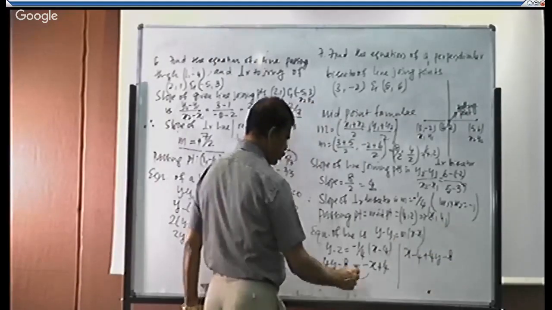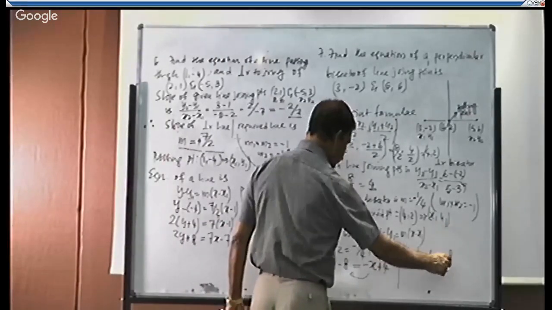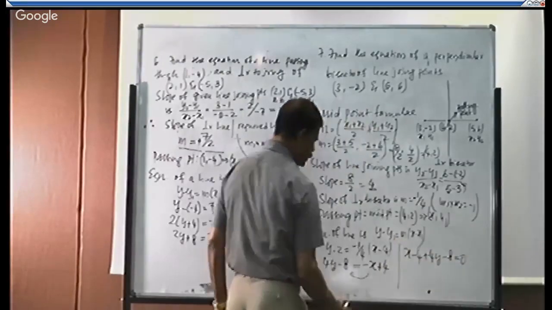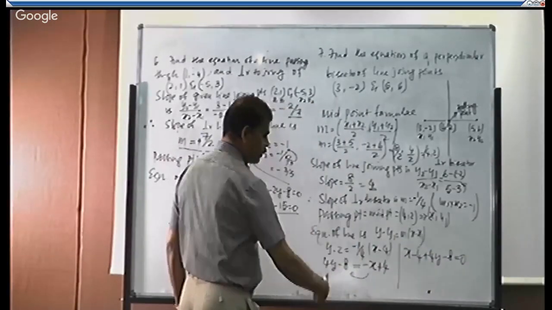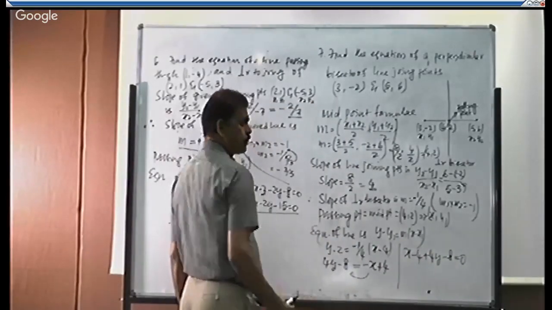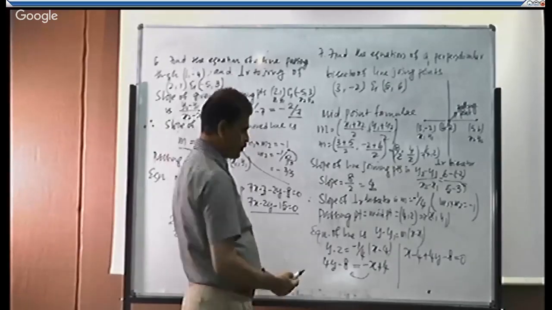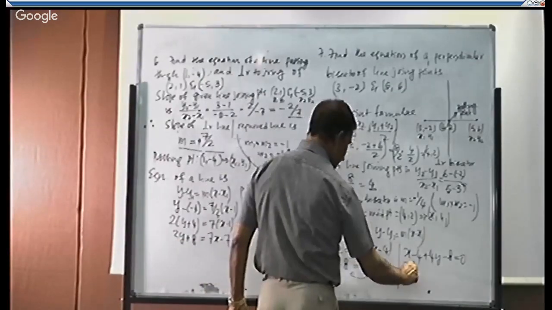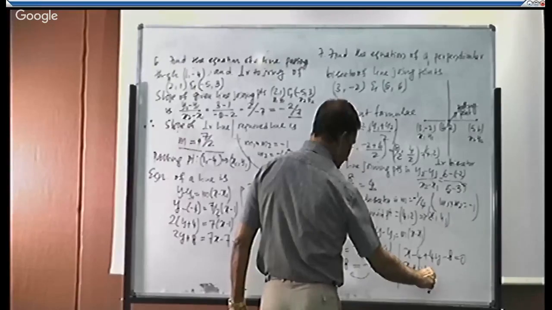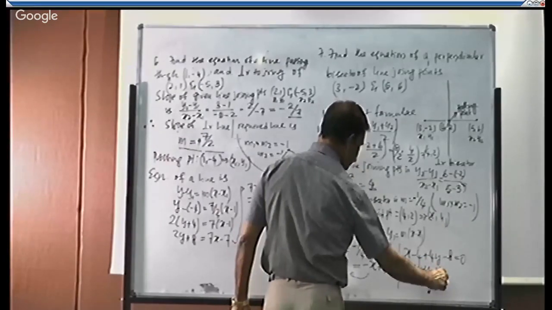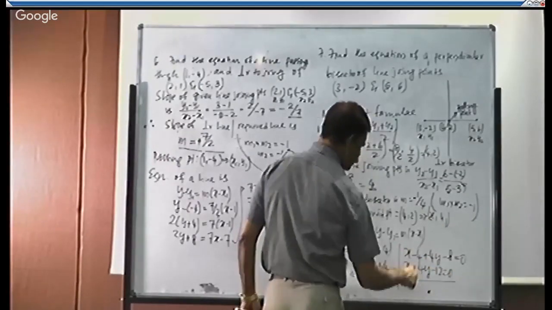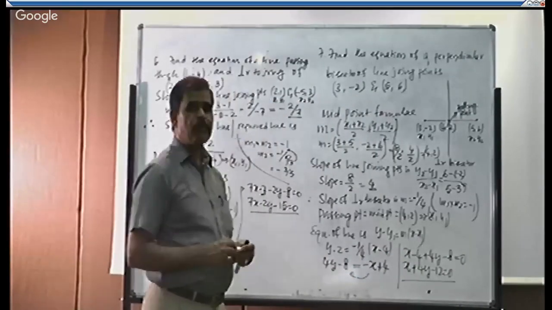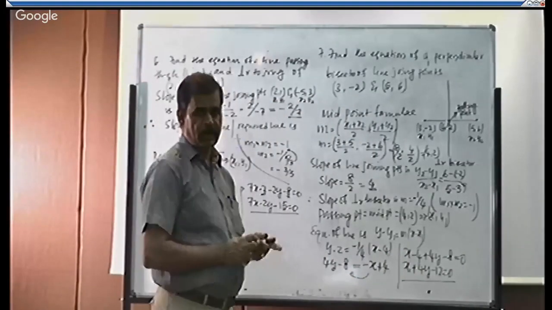Sorry, it is minus 8 only. Taking these two to the left side, the left side terms will have the same sign. That is x plus 4y minus 4 minus 8. It is minus 12. This is the equation of the perpendicular bisector, right?